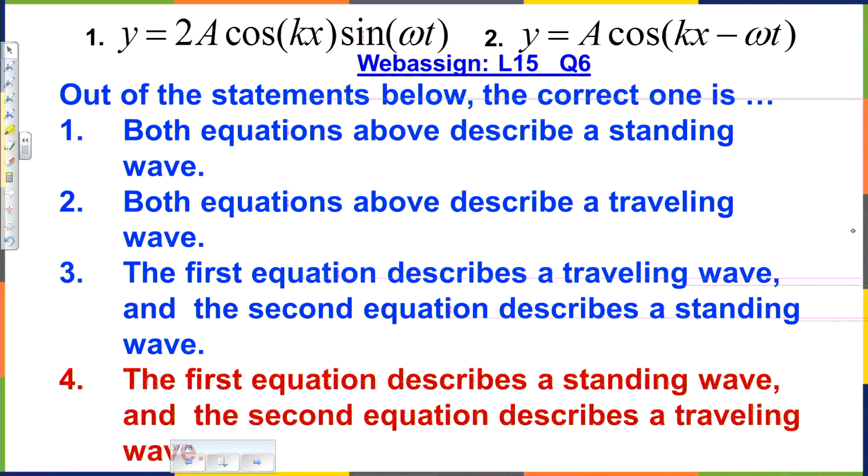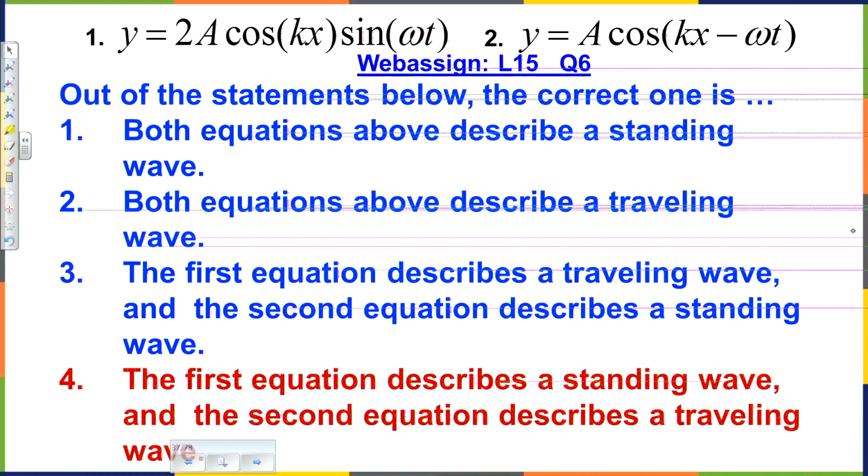When we have a minus or a plus, when time and position are combined inside one function, that describes a wave traveling in space, in this situation, to the right. But if we have 2 different functions, one responsible only for what's happening in time, another for where it's happening, that is always a standing wave.